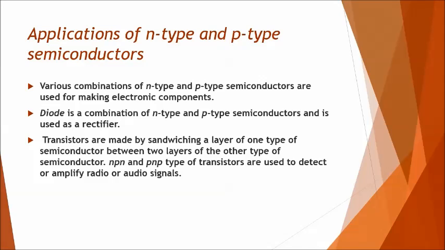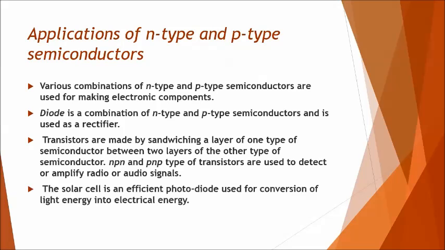The examples are NPN and PNP transistors, which are used to detect or amplify radio or audio signals. The solar cell is an efficient photodiode used for the conversion of light energy into electrical energy. So these are some of the applications of these types of semiconductors.